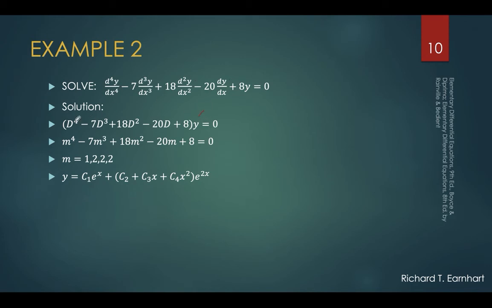This one is D to the 4th minus 7D cubed plus 18D squared minus 20D, and then the constant 8. The auxiliary equation again is obtained by replacing D by m and getting rid of y here.